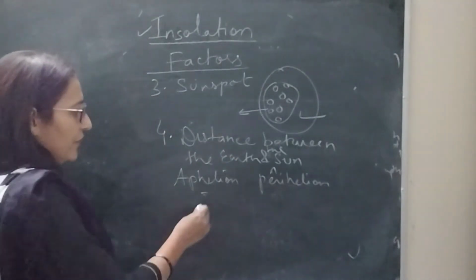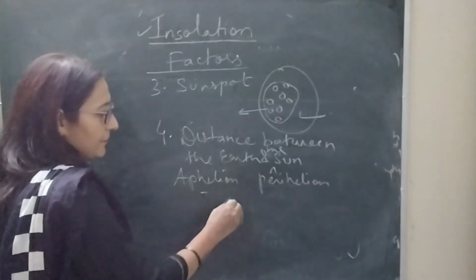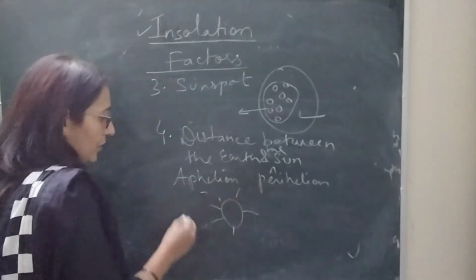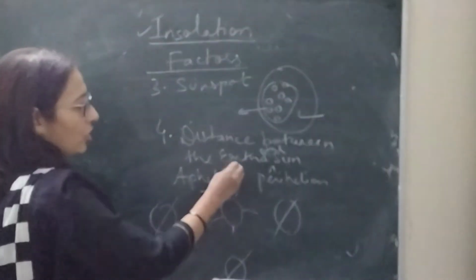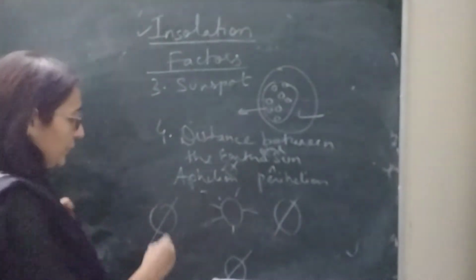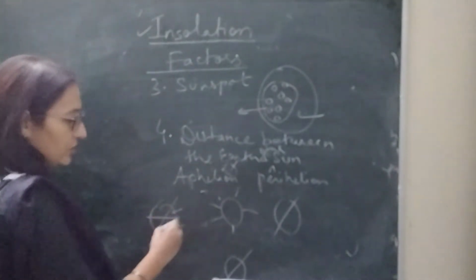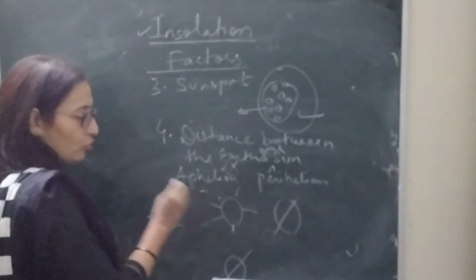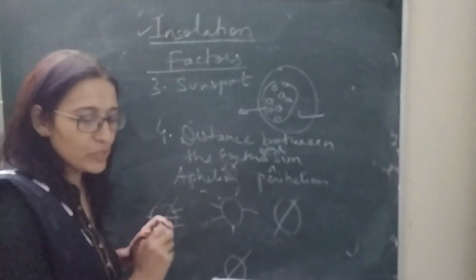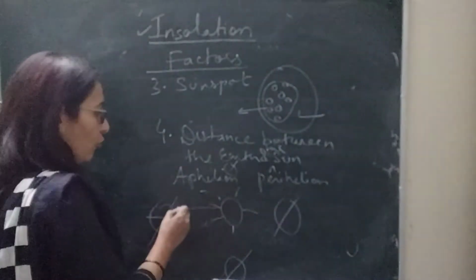Another very simple factor I can explain here: as we know, the earth moves around the sun in an anti-clockwise direction. That is called revolution. So here are two hemispheres, northern and southern. Which hemisphere is closer to the sun, or which hemisphere receives more direct insolation?